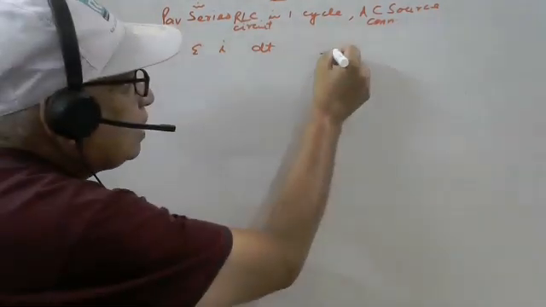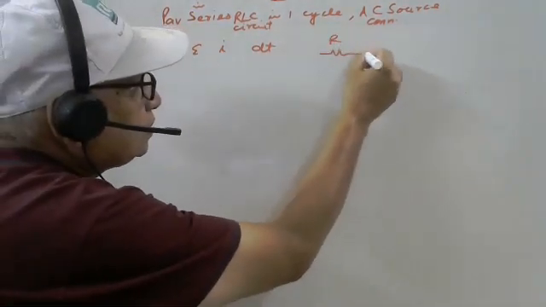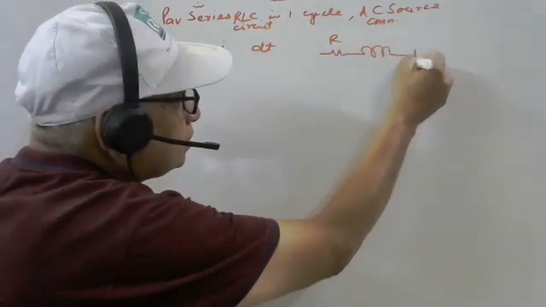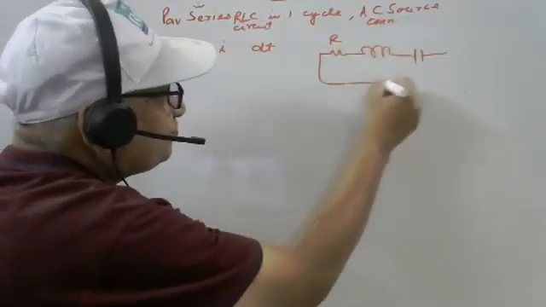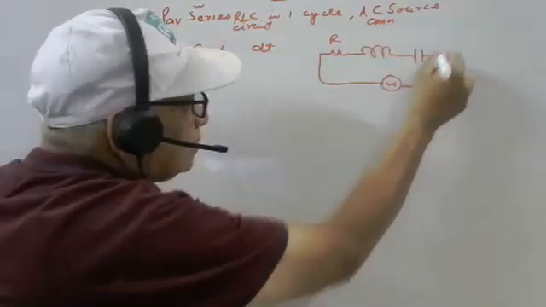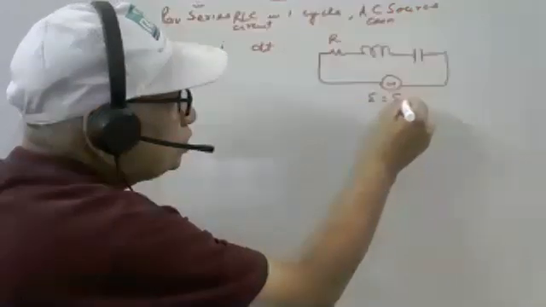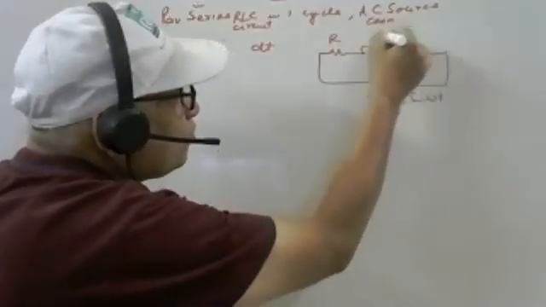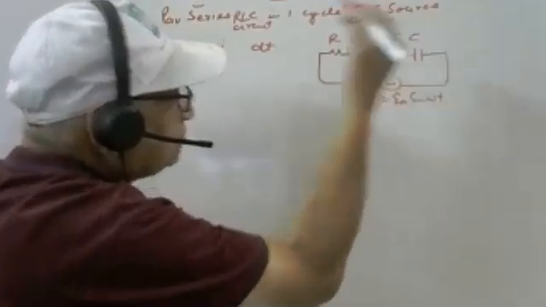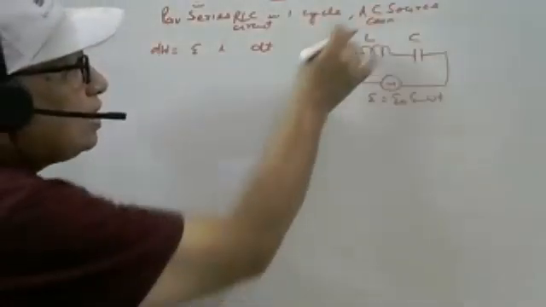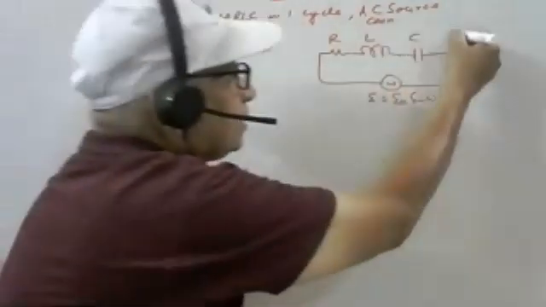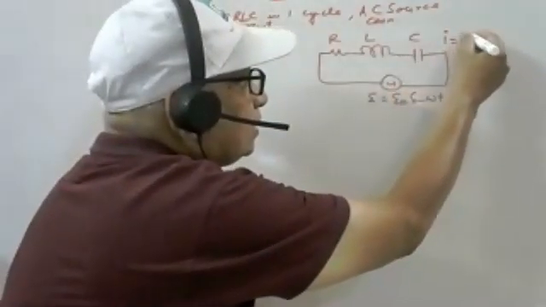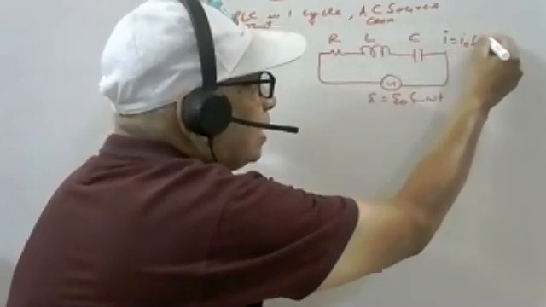This is R, this is L, this is C, and we have connected the AC source here. About the current in this series RLC circuit, we can take the current like this: I naught sin omega t.